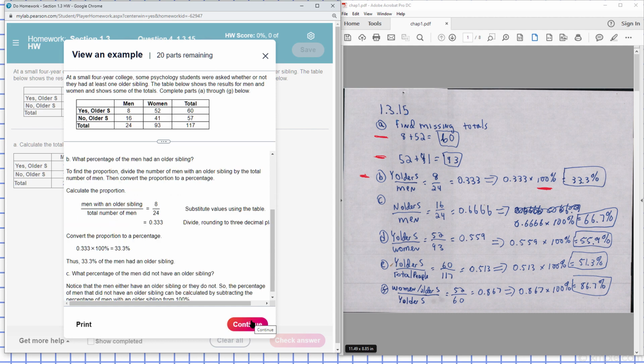What percent did not have an older sibling? So we look at the men, no older sibling we see is 16 over 24. And so that'll be as a decimal here, 0.6666. And we multiply that by 100%, and it gives us 66.7% there.